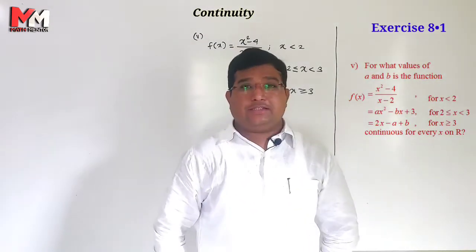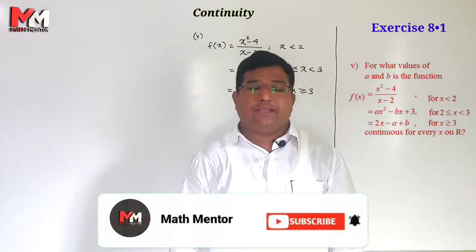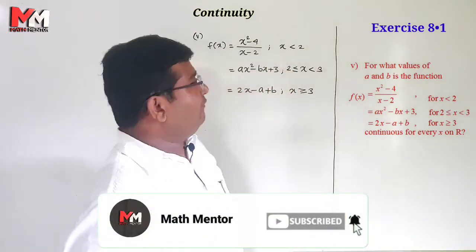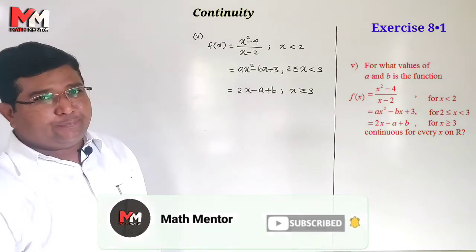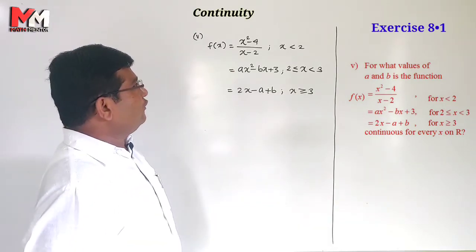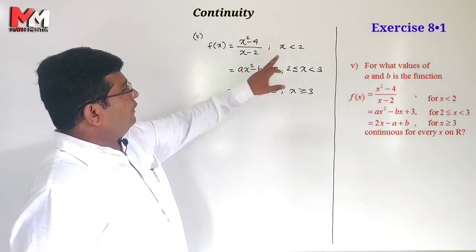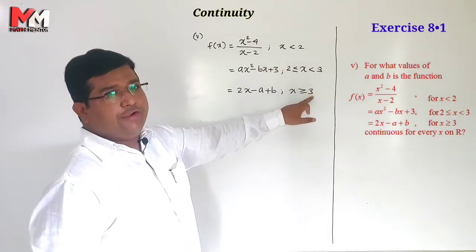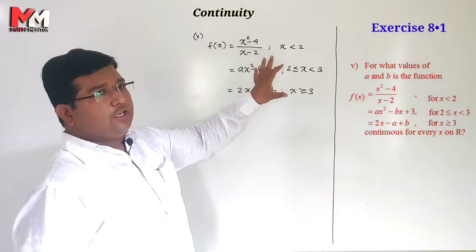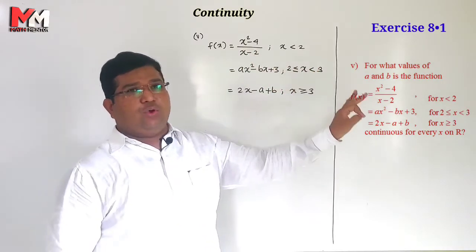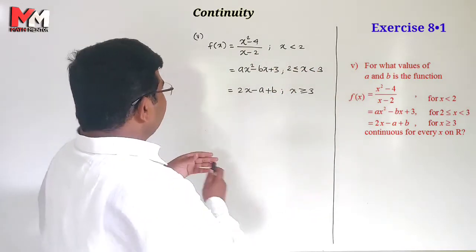So this is the last example of question number 11. So let's see again for what values of a and b the function is continuous for all values of x on R. ऐसा क्वेश्चन है. So यहाँ पर 2 है और 3 भी है, right? So this function is continuous at x is equal to 2 and at x is equal to 3.